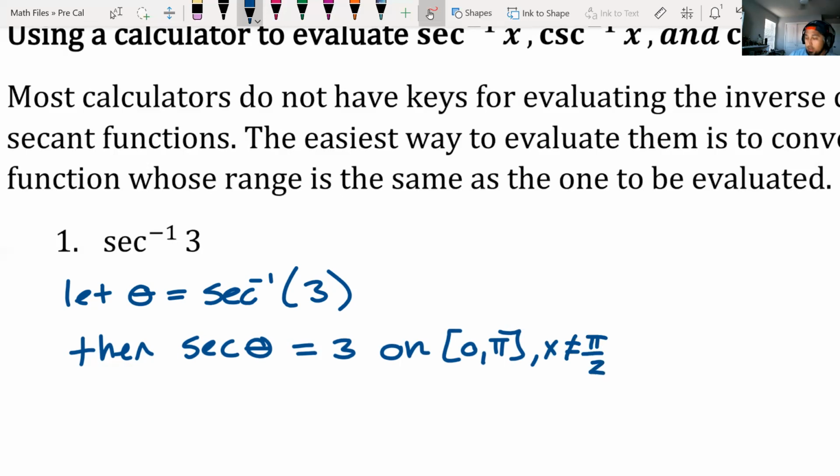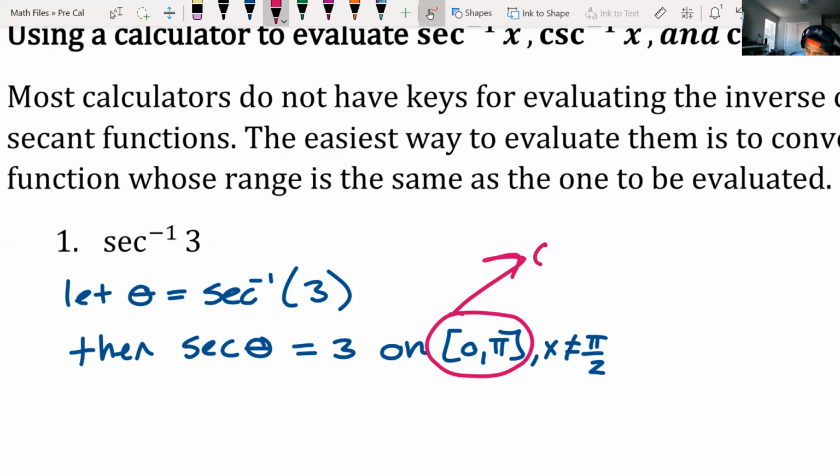Okay. So what we want to know is what other inverse functions share these similar restrictions?